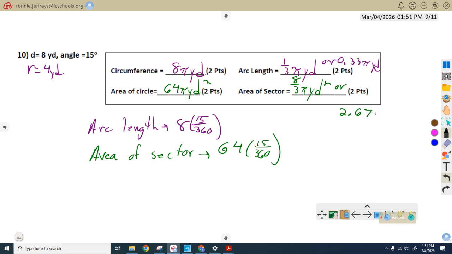Why would the area be 16 pi? You're right.